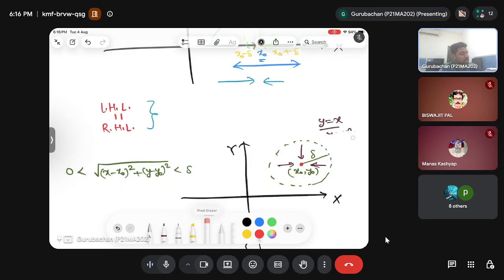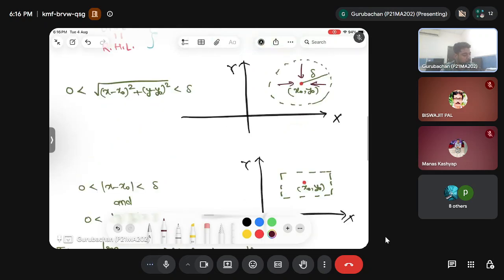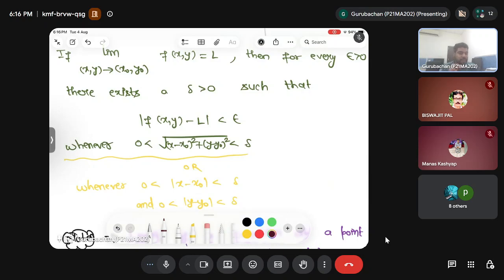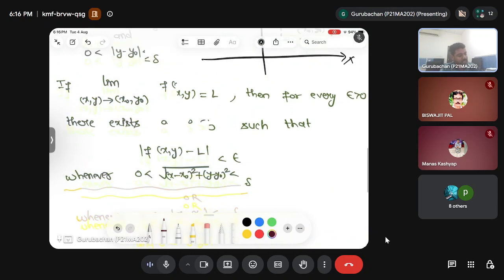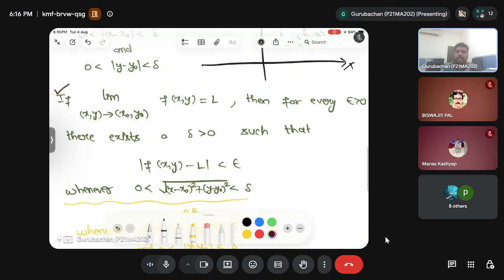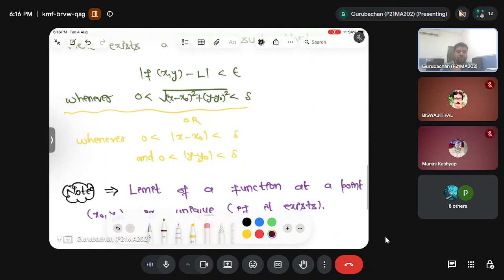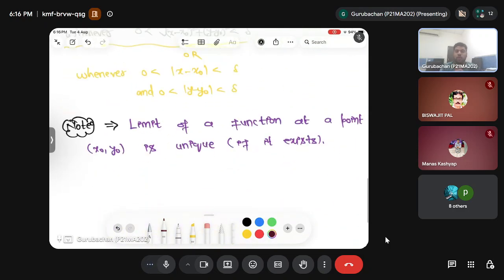There are infinitely many, so you cannot maintain some LHL or RHL here. So if you want to prove that limit exists, there is a strict restriction that you need to follow this epsilon delta definition. But when you want to say that limit does not exist, you can choose two different paths so that you can say the limit does not exist.